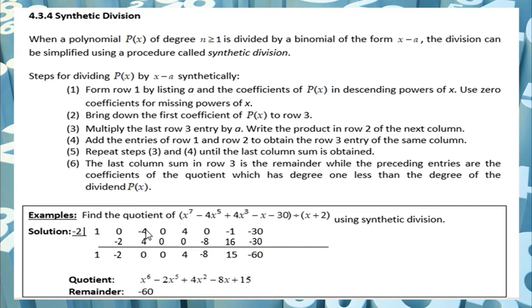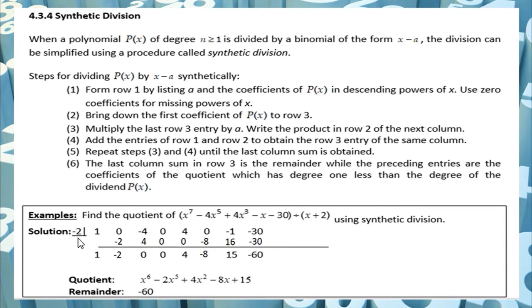So, negative 4 plus 4, that is 0. 0 times negative 2 is 0. So, 0 plus 0 is 0. Then, 0 times negative 2 is 0. So, 4 and 0, that is 4. Then, 4 times negative 2 is negative 8. So, 0 minus 8 is negative 8.